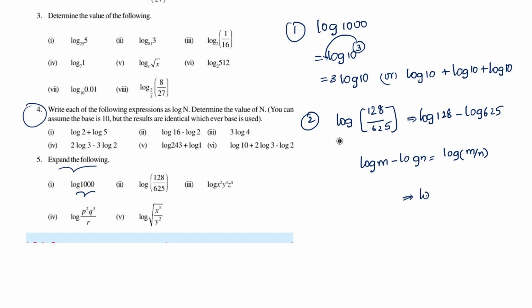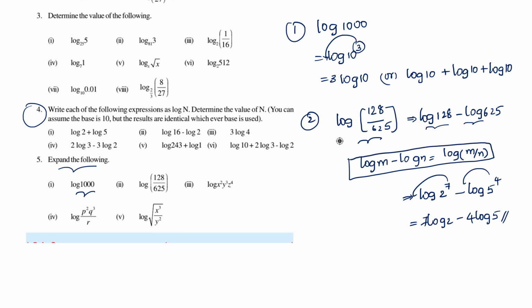So log 128 is nothing but 2 power 7 minus log 625 is 5 power 4. So it will become 7 log 2 minus 4 log 5. That's it. See, the first step is log m by n can be written as log m minus log n. It is nothing but the reverse of the formula of log m minus log n.